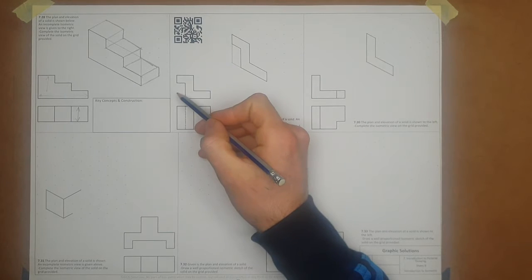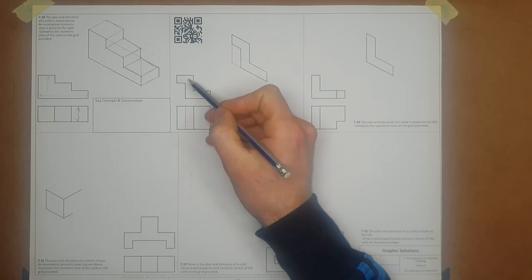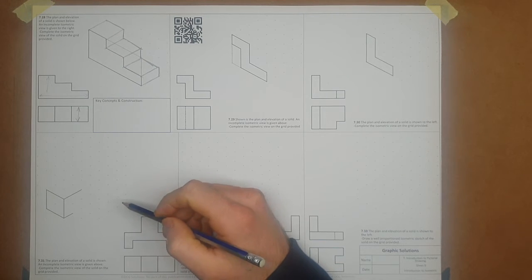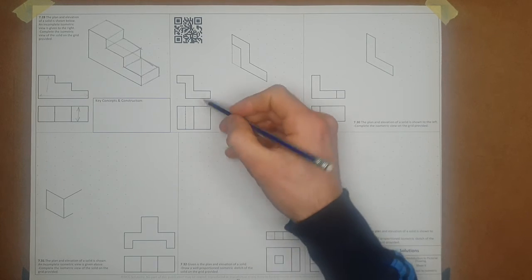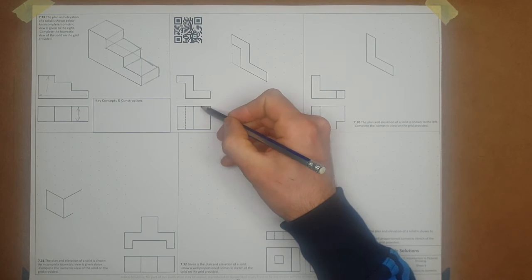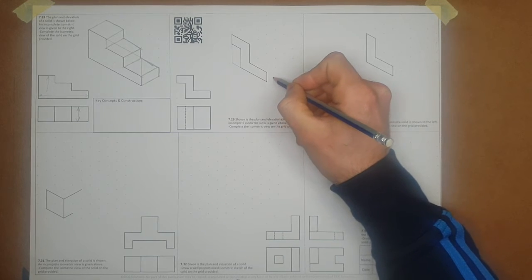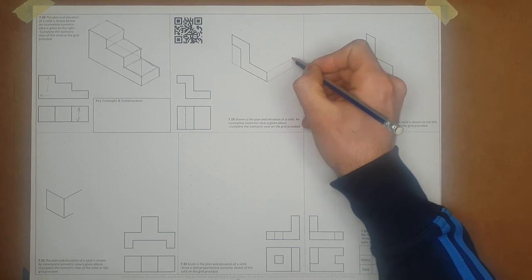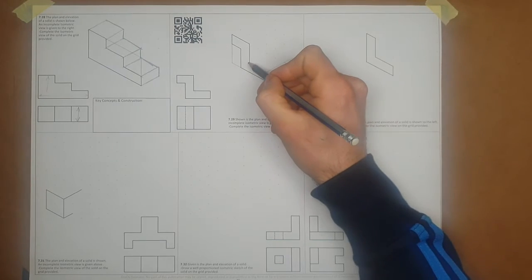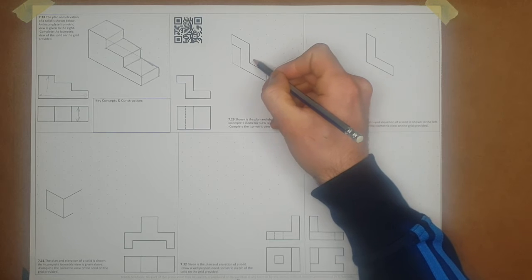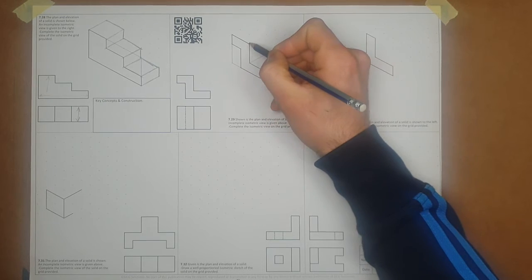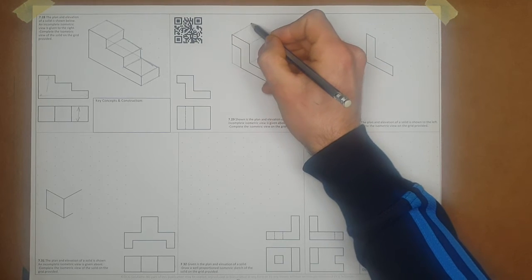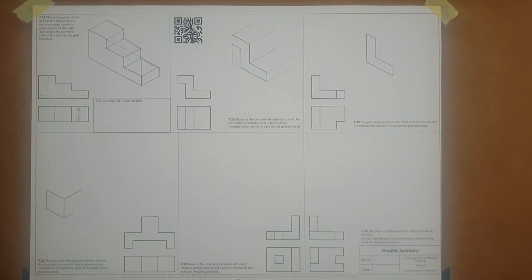On this one, we've used all the dimensions, the lengths and heights from the elevation. This is the length of the plan, and the depth of it is 1, 2, 3 boxes. So once again, freehand sketch. You could take every point at the top surface if you want, and then join them after.